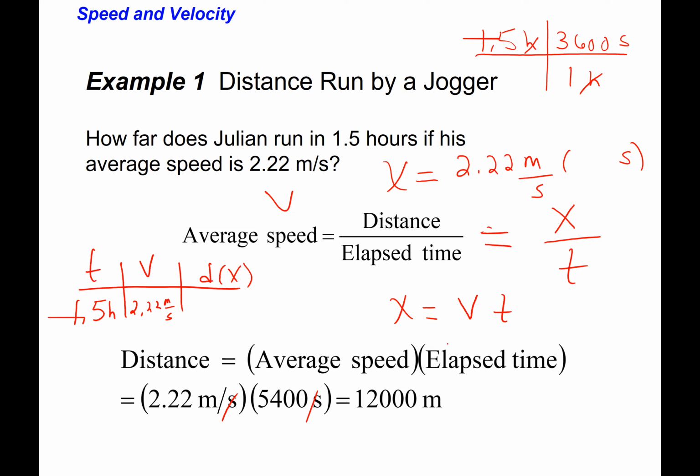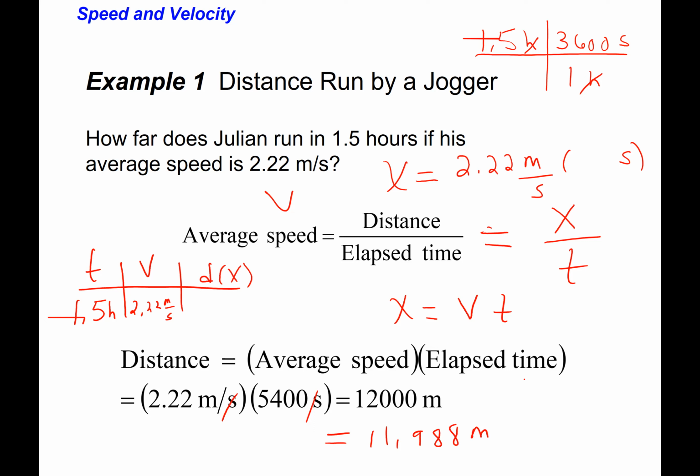Now, if you put this number in your calculator, you have 2.22 times 5400. The number you see in your calculator is actually, write this number down, 11,988. The reason why we're not going to write that answer is because that answer has 5 significant digits.